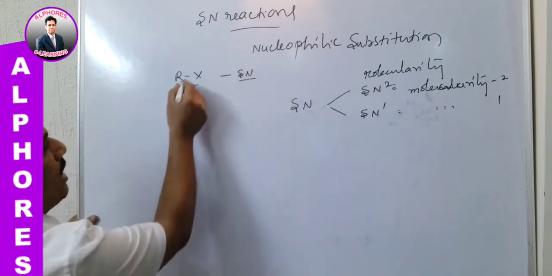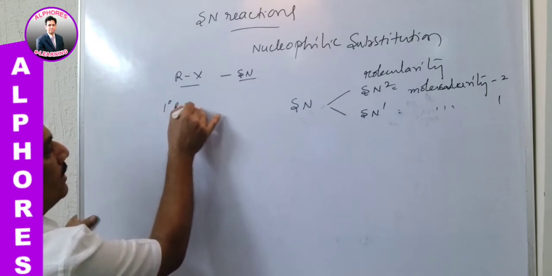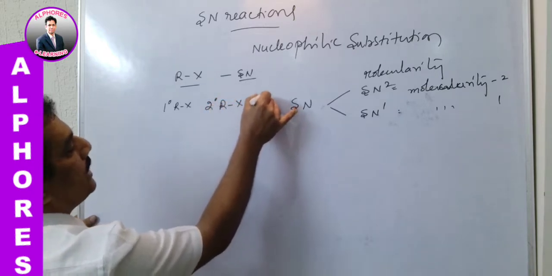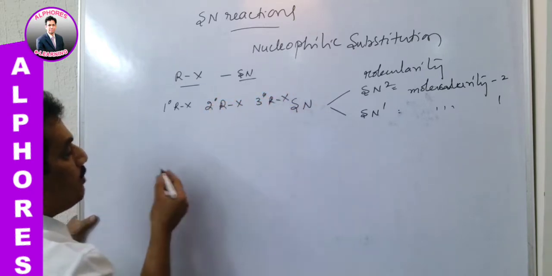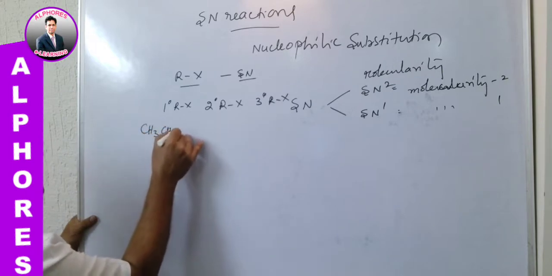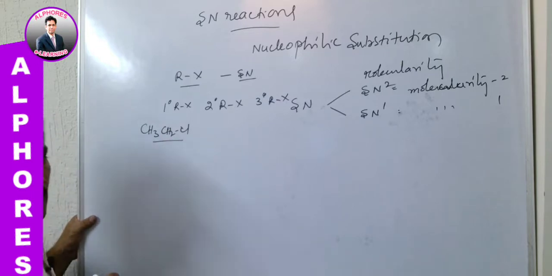It is the SN2 mechanism. First of all, we have to consider that alkyl halides are of interest for SN reactions, and as we know, alkyl halides are of three types: primary alkyl halide, secondary alkyl halide, and tertiary alkyl halide. Let me give examples. Primary is CH3CH2Cl, the best example for a primary alkyl halide.